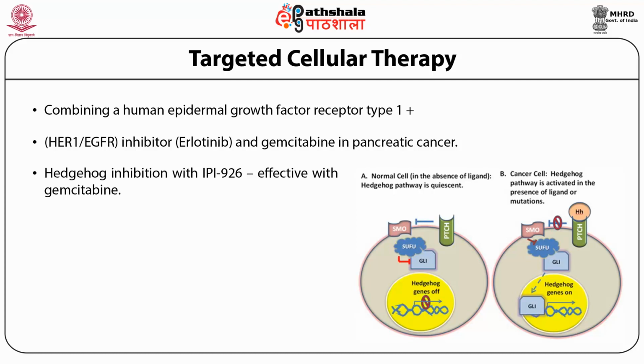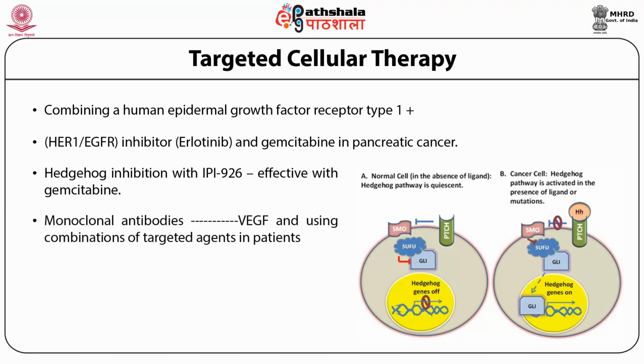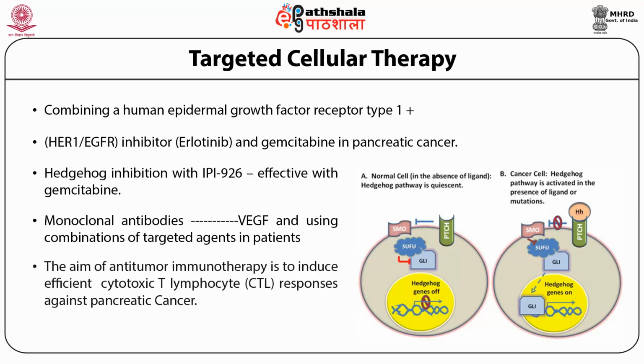Other than growth factors, we can combine VEGF or another growth factor and monoclonal antibodies against particular cytokines. Using a combination of targeted agents in patients, we can certainly reduce tumors or induce efficient cytotoxic lymphocytes in different cancers. Immunotherapies are becoming prevalent beyond liver cancer, in pancreatic cancer or gallbladder cancers also.